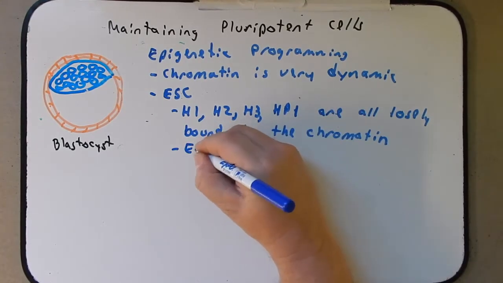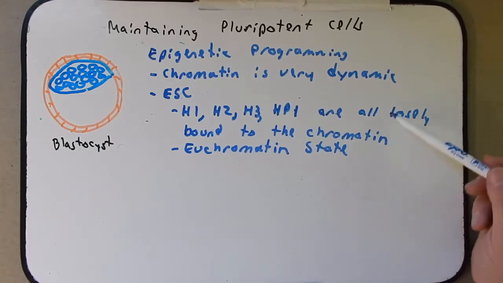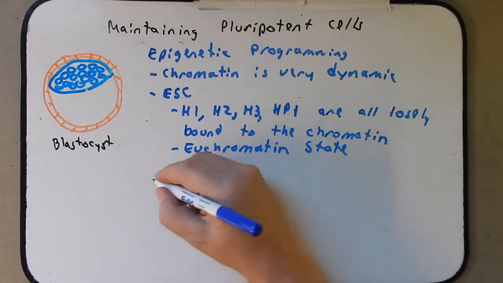This suggests that they are in a euchromatin state, meaning that any genes here could be expressed. Doesn't mean they are expressed, because transcription factors need to come along as well, but they have the potential to be expressed. It's sort of like starting the genome with a blank slate.